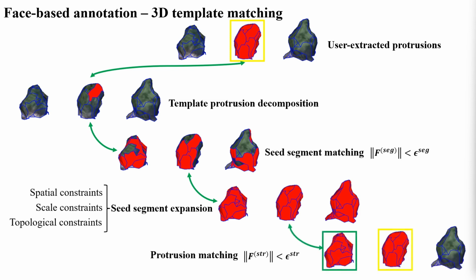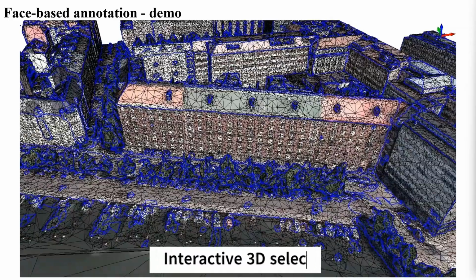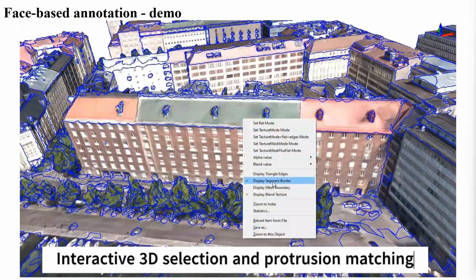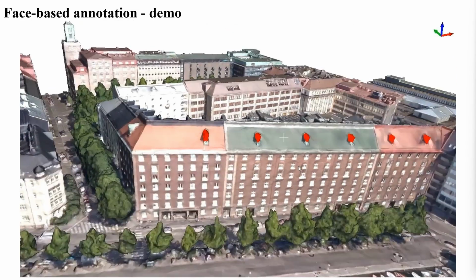Here's a demo of our face-based annotation methods. We can easily annotate repetitive structures like chimneys, balconies, and even cars.